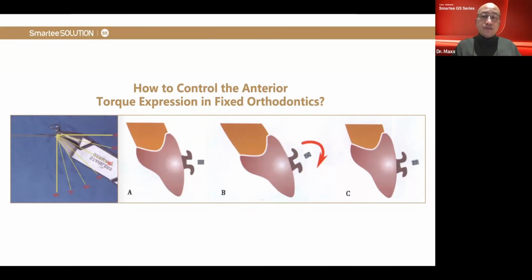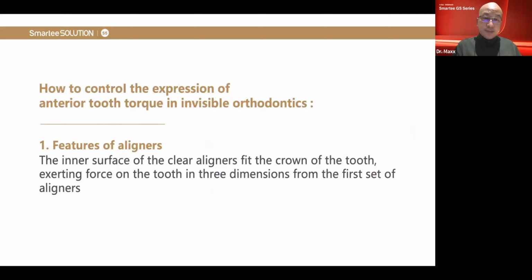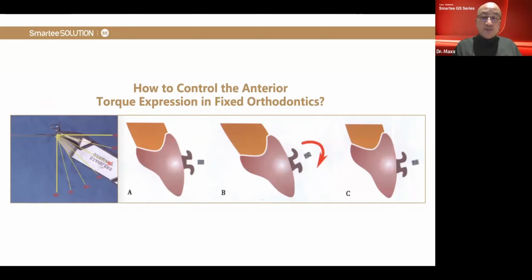Yes, of course, most of us are doing fixed orthodontics, are doing fixed braces. But how to control the torque expression in fixed braces? Let us think about it. Look at the picture, how we could control the torque.